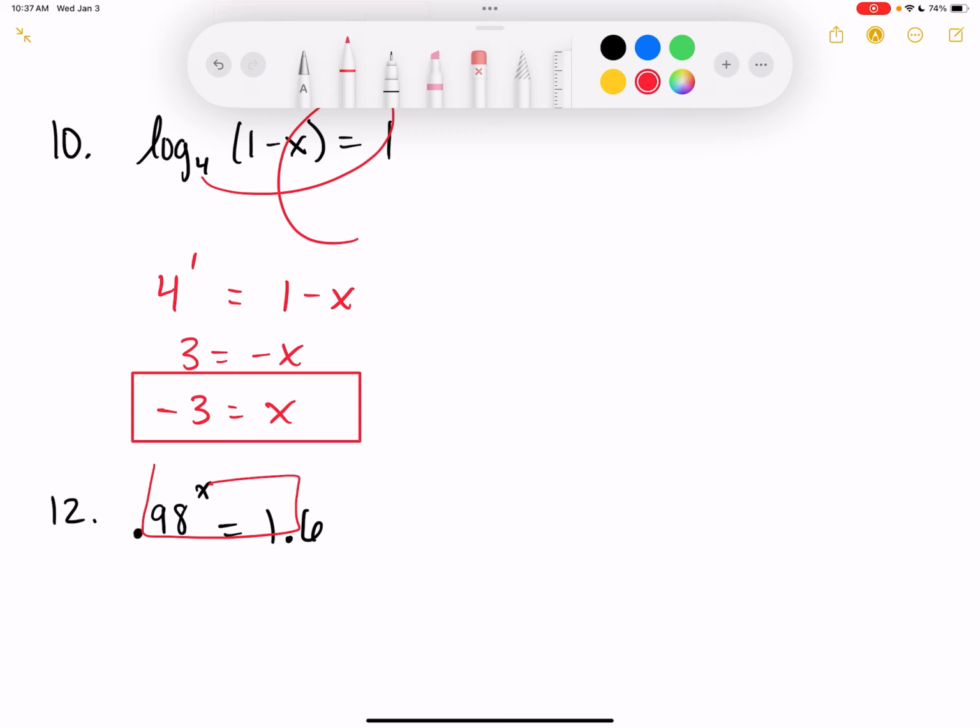So we have an exponential, use the L to undo it. So log base 0.98 of 1.6 is equal to x. And let's go 2 decimal places for the answers. Negative 23.26.